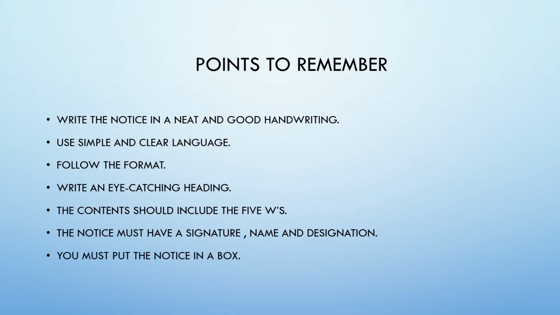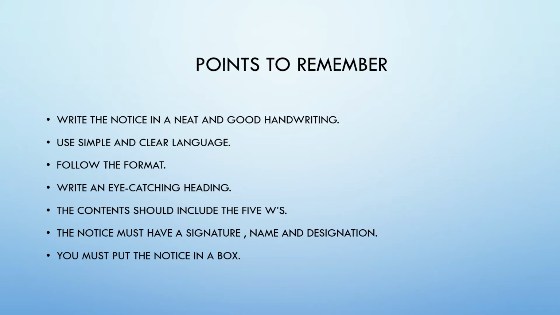Now, there are certain things which you have to remember. These are very important when I'm writing a notice. The first thing is that the notice has to be written in neat and good handwriting. If you don't write neatly, then people may not be able to understand certain points which you have mentioned in the notice.